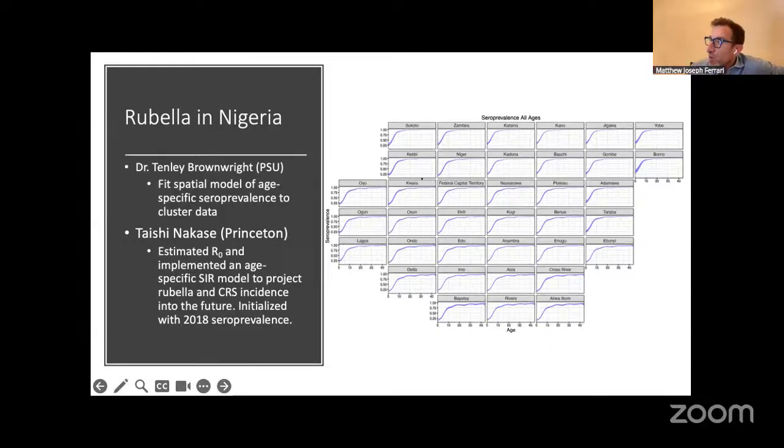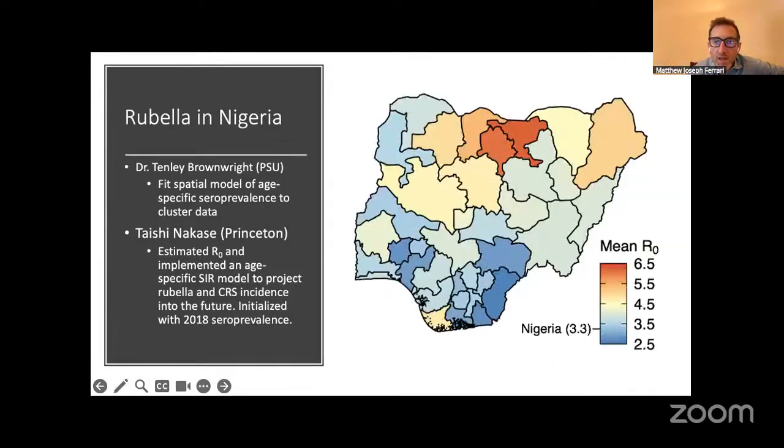Whereas in the North, 95 or more percent of women of childbearing age are already immune to rubella because of exposure to the virus as children. So the risk for CRS presently, in the absence of vaccination, is in fact higher in the South, even though the risk of rubella infection and the transmission rate is higher in the North.